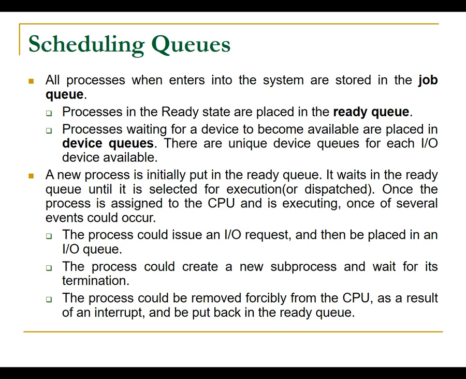All the processes that are in the ready state are placed inside the ready queue. And the reverse of that, all the processes that are waiting for a device to become available are put inside the device queue, which frequently requires input output resources.